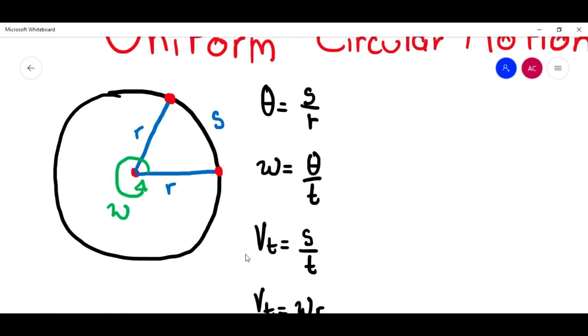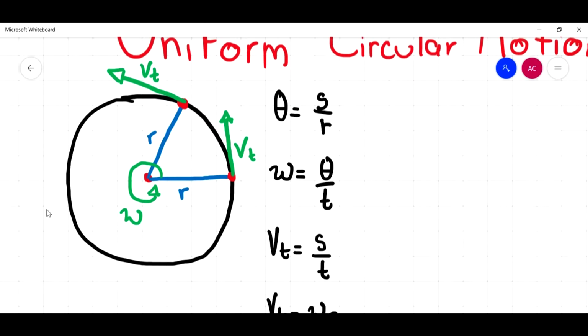Remember that we mentioned that the tangential velocity is perpendicular to the radius. So I'm going to draw it over here. This is the tangential velocity at one period of time, and then we have another tangential velocity at some other point.